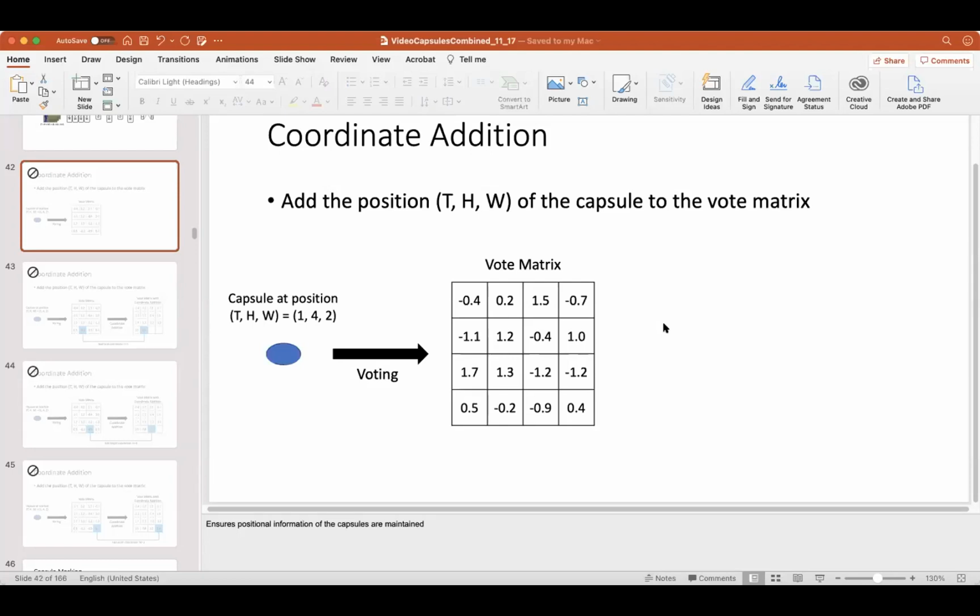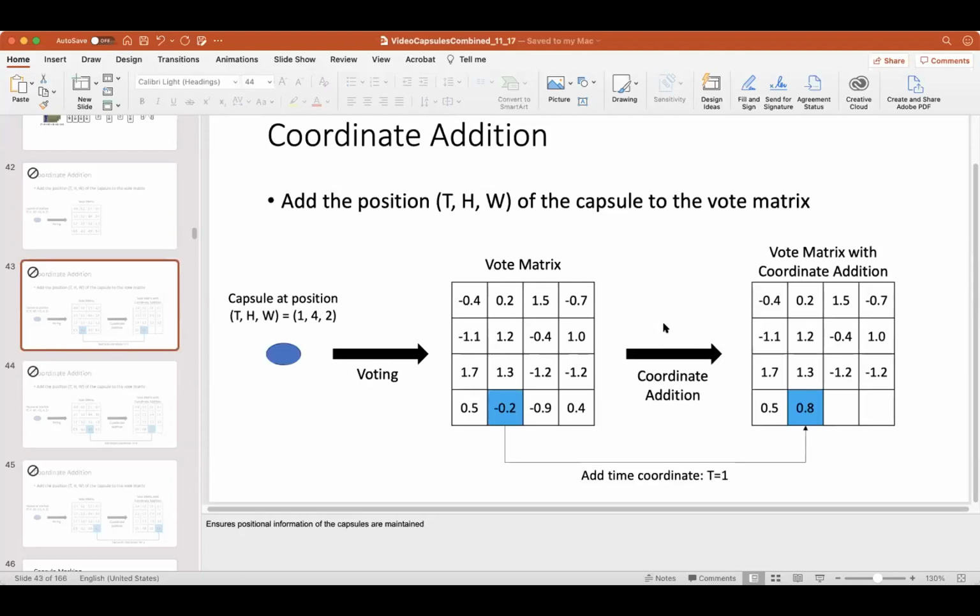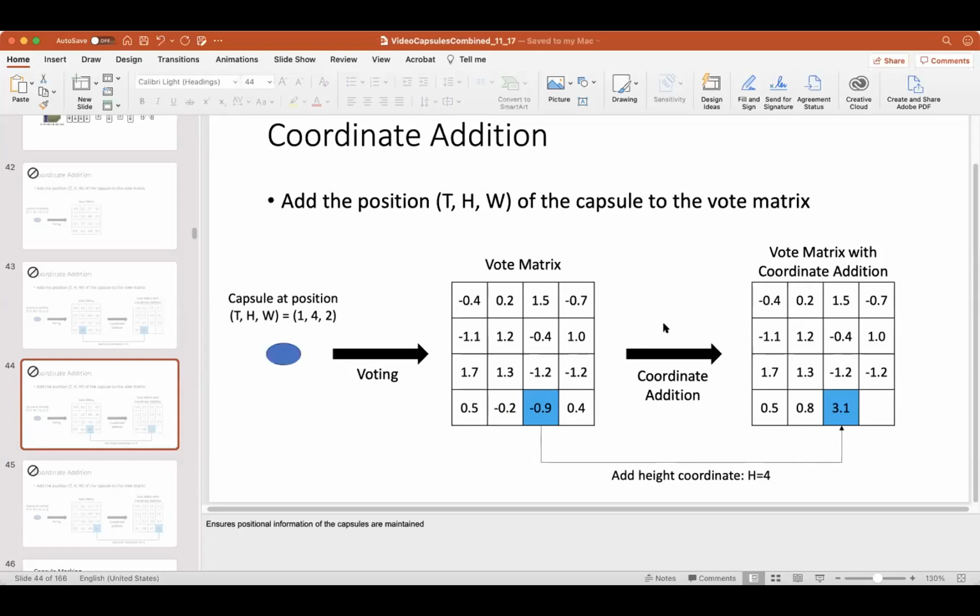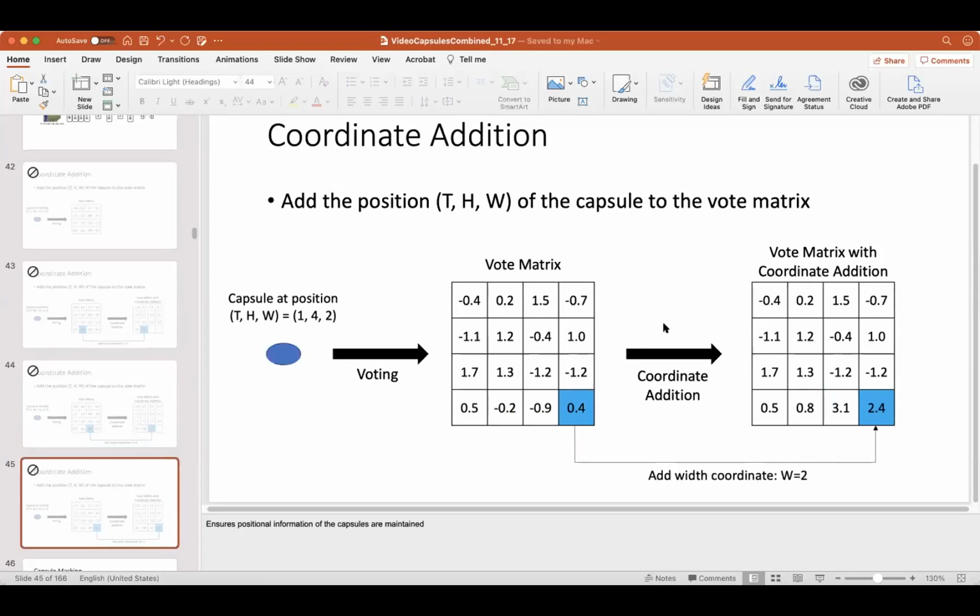So if this is the vote matrix, then we can add in the time coordinate, the height coordinate, and then the width coordinate to that vote matrix, and that will encode the position of that capsule for the routing algorithm. And we show that this coordinate addition actually improves results, and this is very similar to the positional encoding of transformers.